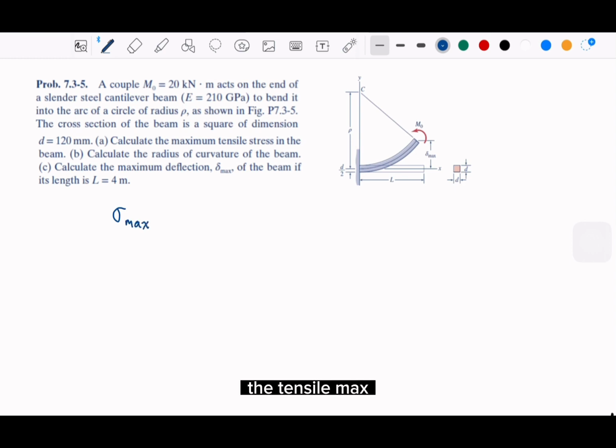The tensile max is equal to negative M y over I. This is M, this is y, and this is inertia. Y means the distance from the centroid, or from the center of mass, to the outside of the shape.